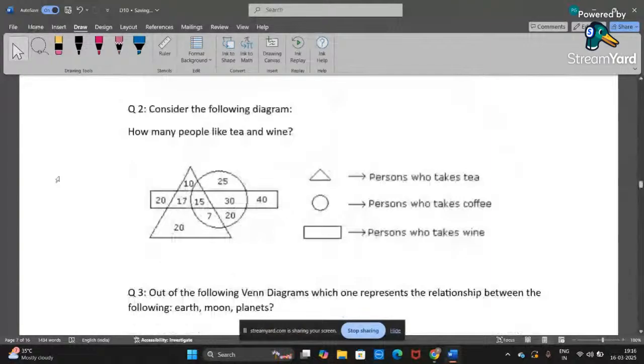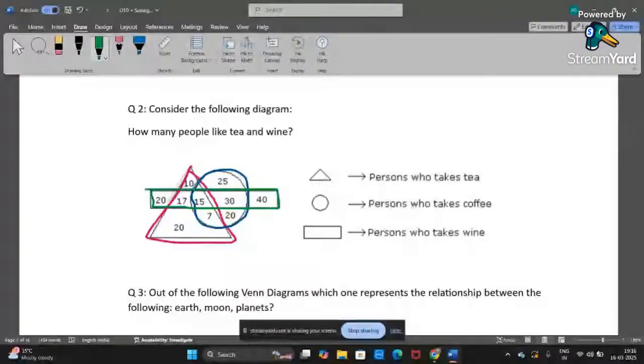Yes, right. Okay. How many people like tea and wine? See, your wine is in green color.